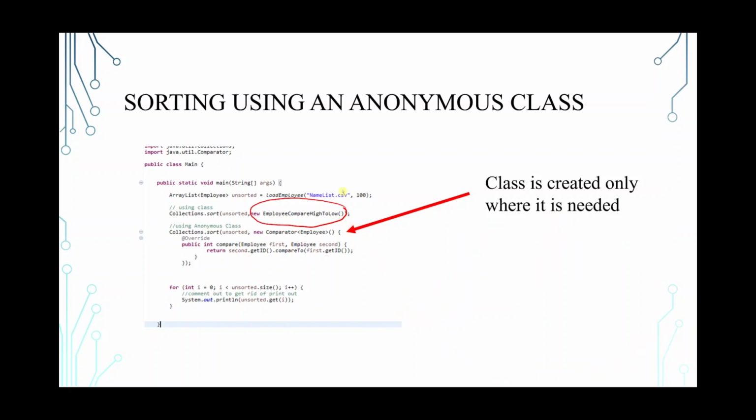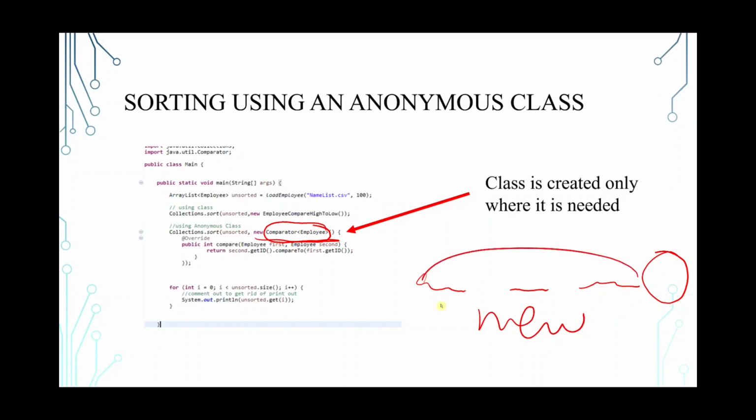Instead, we are going to start our class definition with new Comparator, and this, if you remember, is your interface. New, then the interface, instead of saying class blah blah blah implements that interface. We would say just new, and this interface, in the function call itself.